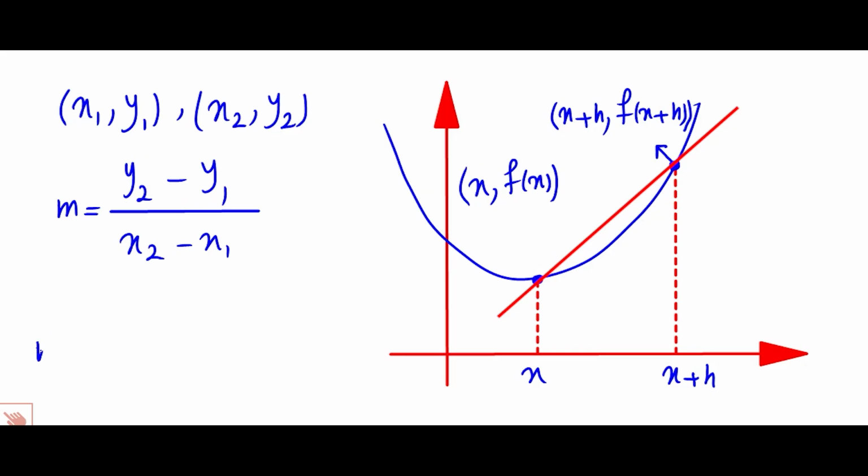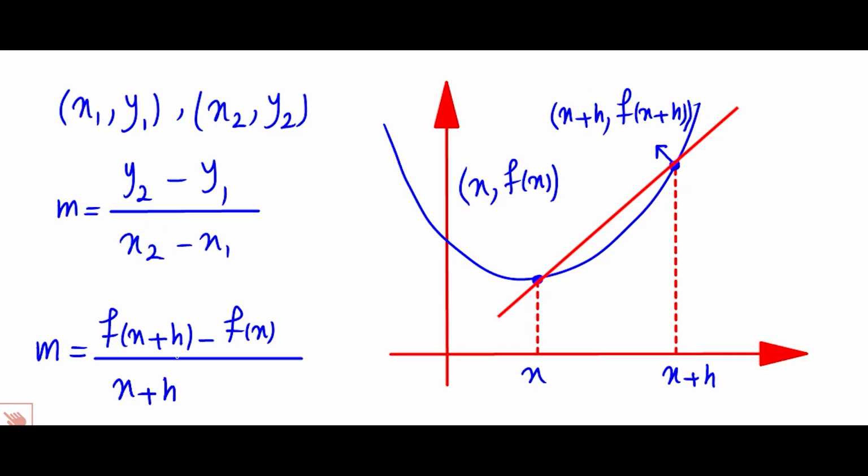So we have m is equal to second y, which is f of x plus h, minus first y, which is f of x, over second x, which is x plus h, minus first x, which is x.